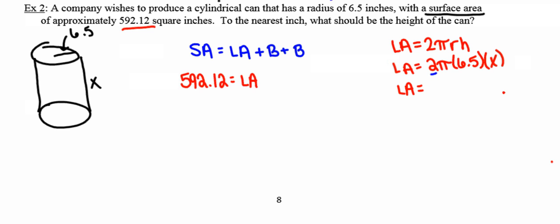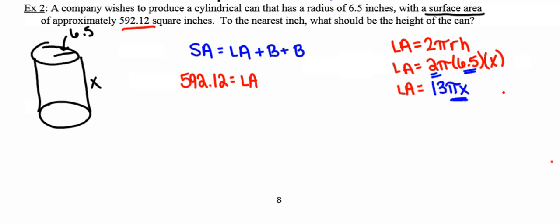I'm going to go ahead and multiply the 2 times the 6.5. So lateral area is 13 times pi times x, or 13 times x times pi. I'm not going to plug that into my formula just yet because I'm a little bit uncomfortable with having these two factors multiplied times the 13.